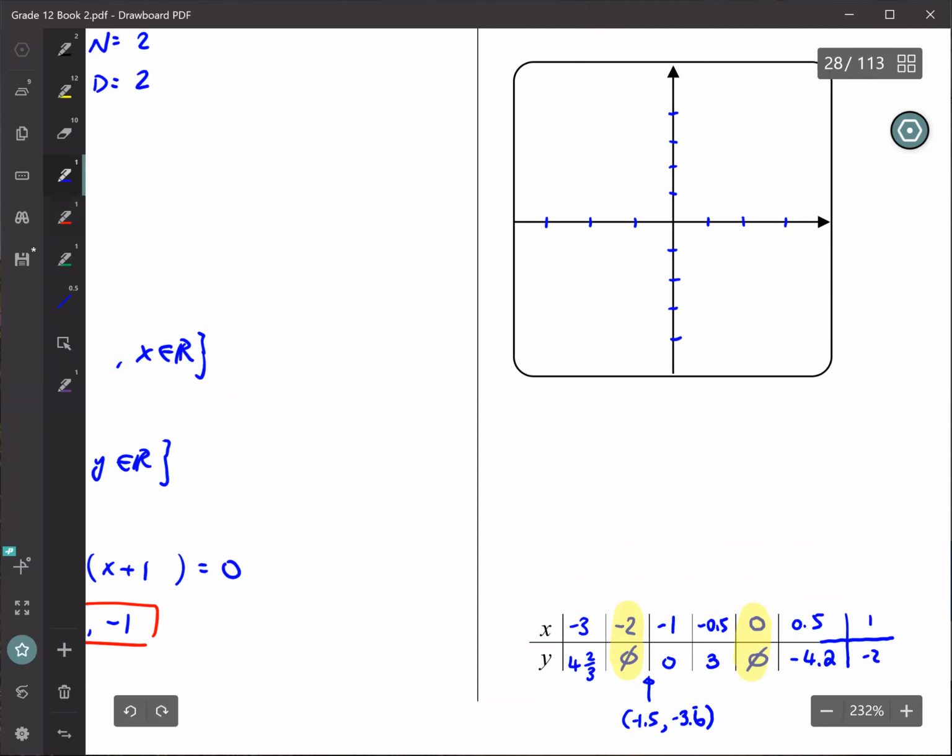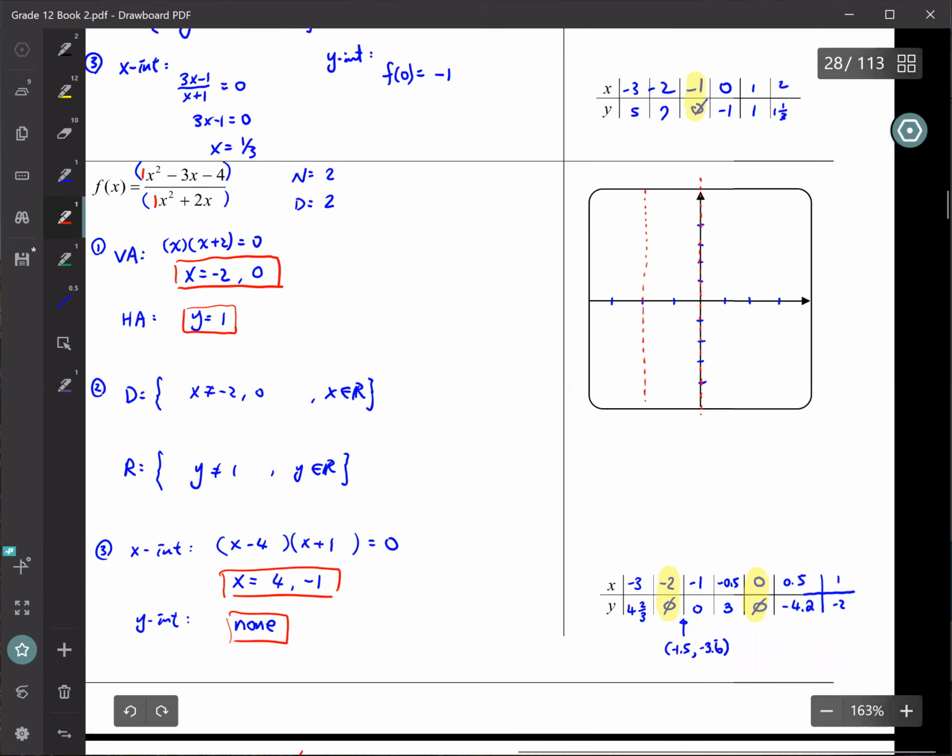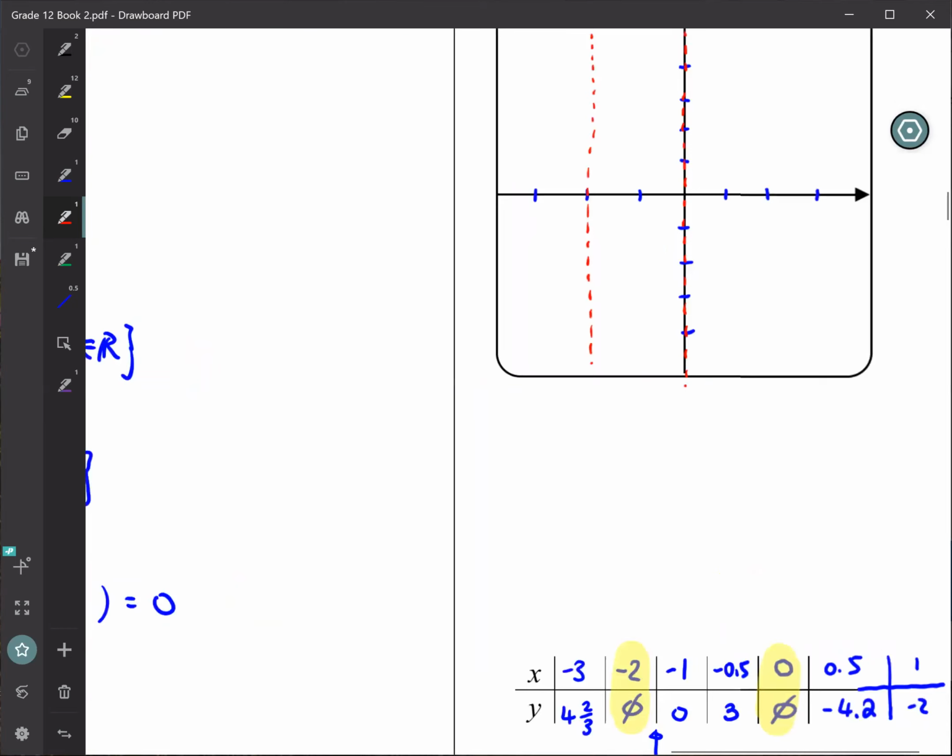The asymptotes we have are at negative 2, so let's draw that here, and then at 0. And then the horizontal asymptote was 1, right? Don't forget, the horizontal asymptote is at 1, so it'll be up here.